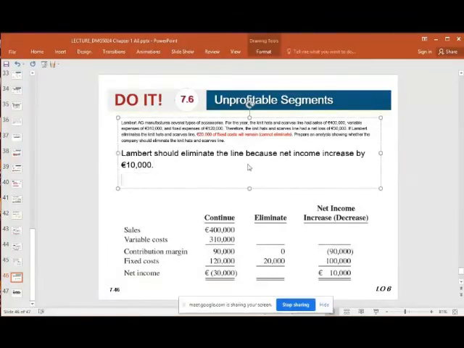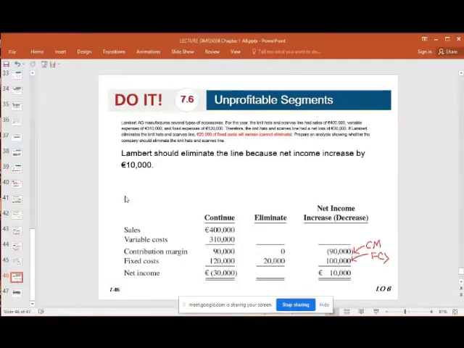Another way is to compare these two. This is fixed cost eliminated, and this is contribution margin lost. Okay, so which one is bigger? Fixed cost is bigger than contribution margin lost. So you need to eliminate. Okay, let me write.